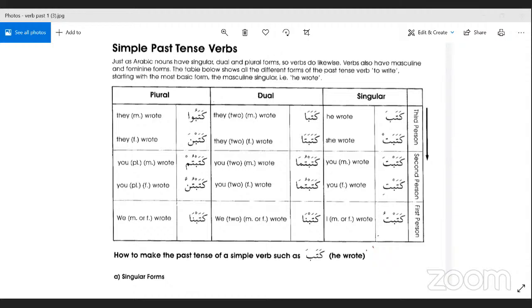Nasartuma, you two helped. Nasartum, you all helped. Nasarti, you helped, female. Nasartuma, you two helped, female. Nasartunna, you all helped, female. Nasartu, I helped. Nasarna, we all helped. Excellent, MashaAllah, very good.